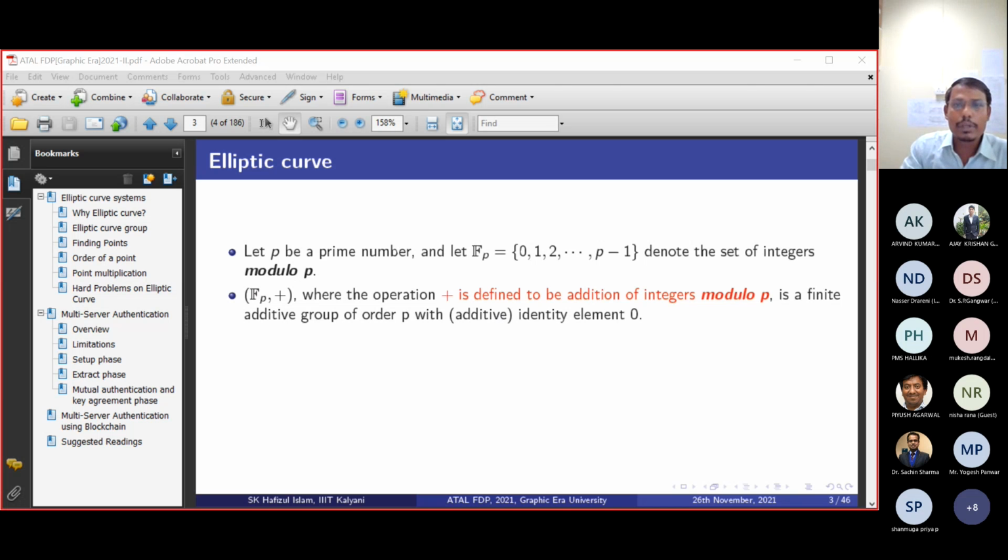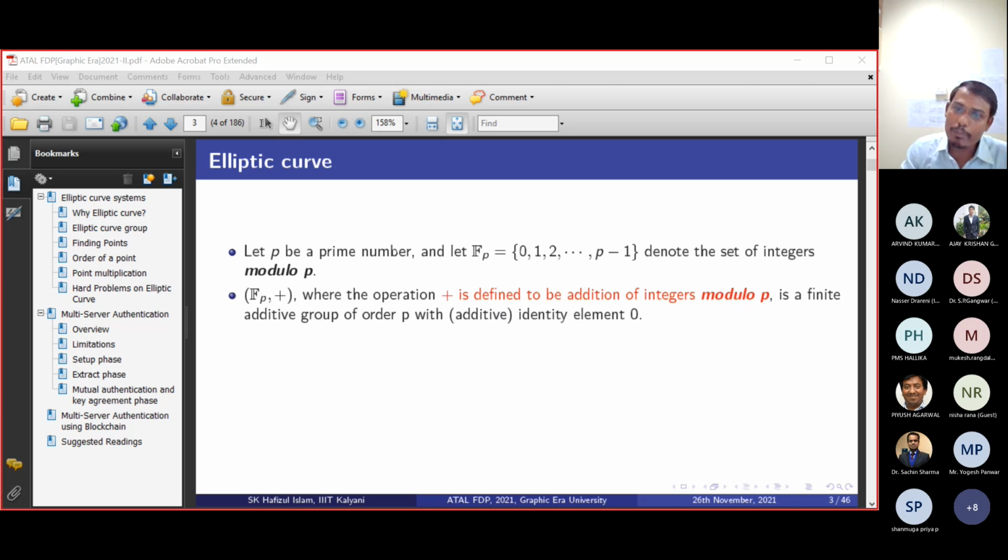For example, if I take the set of integers Z, you know the set of integers, suppose minus 2, minus 1, 0, 1, 2, 3, like that. In this set, what is the closure property? The closure property says that for all integers a and b in this set Z, if we take the operation as addition, then a plus b is always a member of this set.